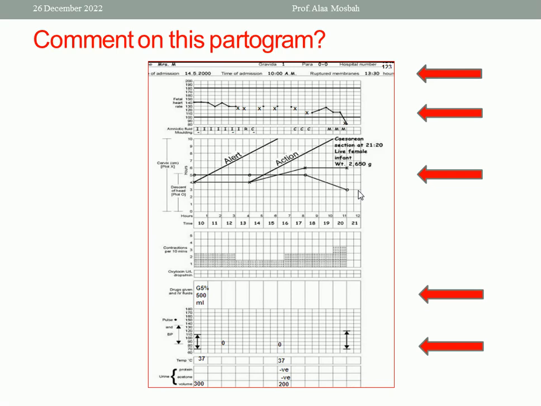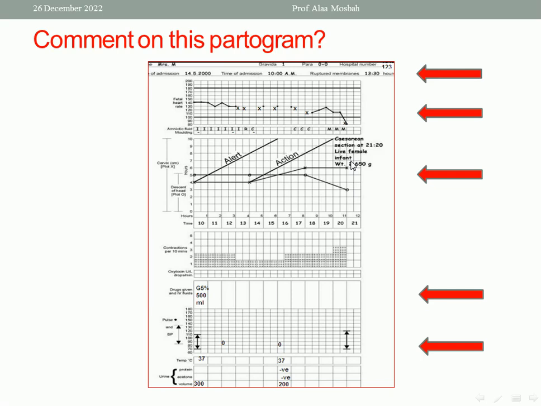So this is the end result. The baby weight is okay, an average, and the method of delivery is cesarean section.